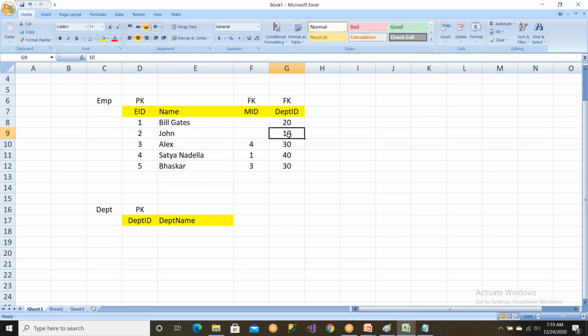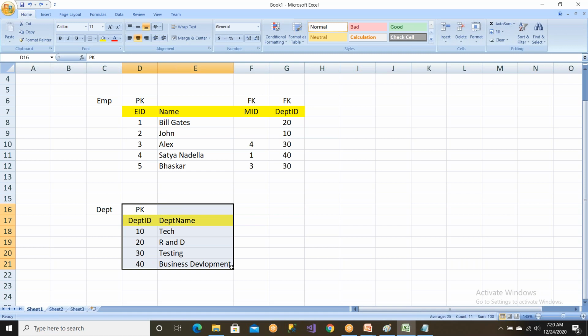Can I insert 10 here? Without having data in the primary key table, you cannot give the numbers here. If you give the number, it is going to verify: do we have 10 here? No, it will fail. So always remember which tables to insert data into first. Definitely primary key tables need to be inserted with the data first. Then the foreign key tables can be inserted with the data.